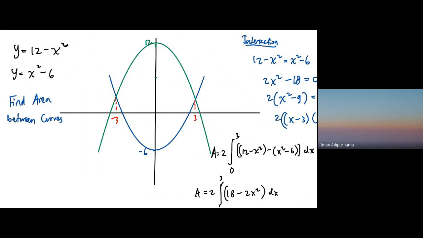You can go directly to check the intersection and get the endpoints of x. So not necessarily to draw the curves, but if you want, you can have better visuals.